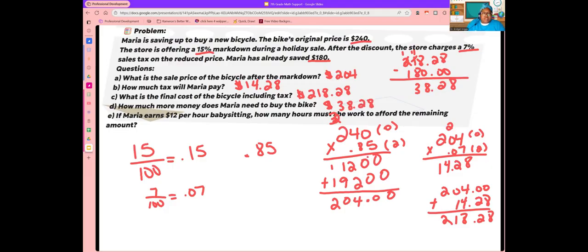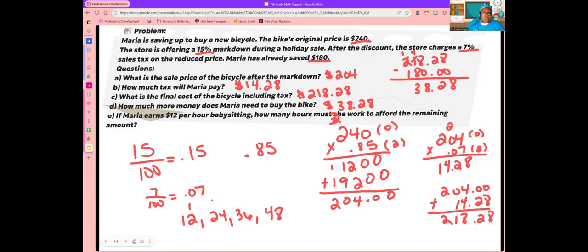And finally, if Maria earns $12 per hour babysitting, how many hours must she work to afford the remaining amount? Well, $12, we can do some repeat addition. So 12, 24, 36, 48. Because she's earning per hour, we wouldn't break up the hours. We would just work the amount of hours.